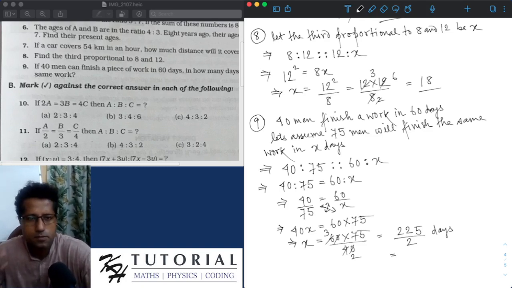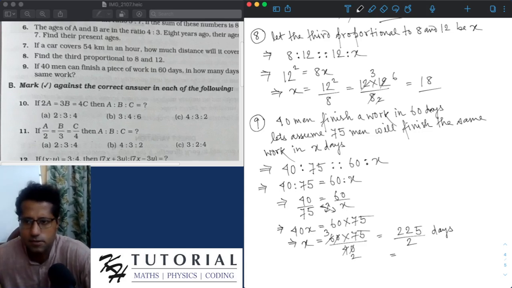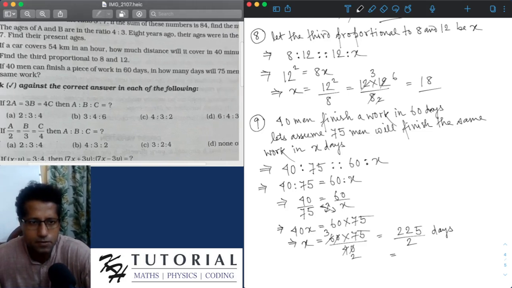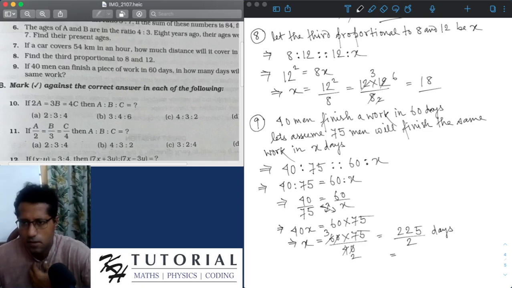How many days? Let me see, why is it coming in fraction? 40 men can finish a piece of work in 60 days. How many days will 75 men finish the same work? So we have assumed that 75 men will finish the same work in X days, which means that 40 is to 75 should be equal to 60 is to X days.